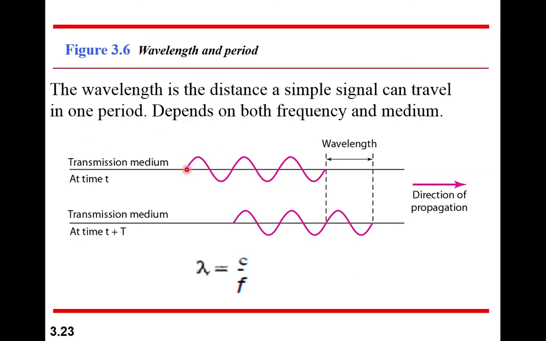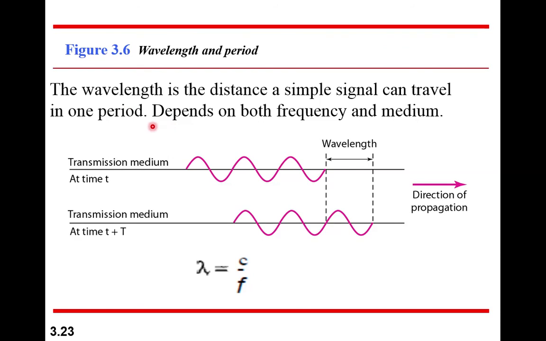From here to here is one cycle. The distance covered in one cycle is called wavelength.